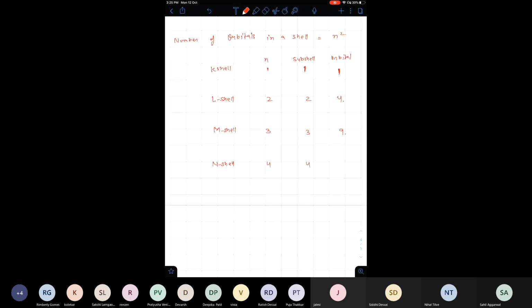Subshell will be 4, and orbitals will be 16. O shell, n will be 5, subshells 5, orbitals will be 25. Any doubt?